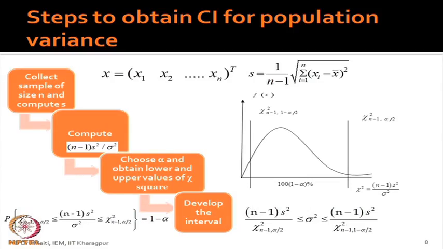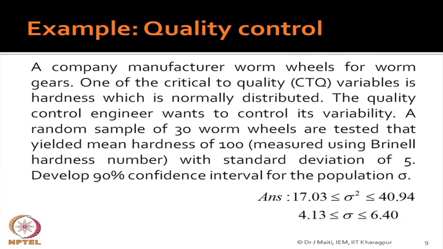Okay. Now, given data, what will you do? Suppose this is the data, can you not compute this? A company manufactures worm wheels for worm gears. One of the critical to quality variables is hardness, which is normally distributed.